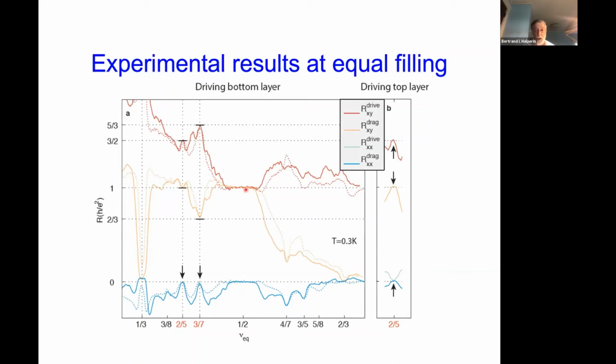So they're equal to 1 h over e squared, as we expect, around nu equals 1/2. But here you see a plateau at the 2/5 state. We get 1, 5/3, as I said, 2/3 and 5/3 at 3/7, and at 1/3 we have basically uncoupled layers.